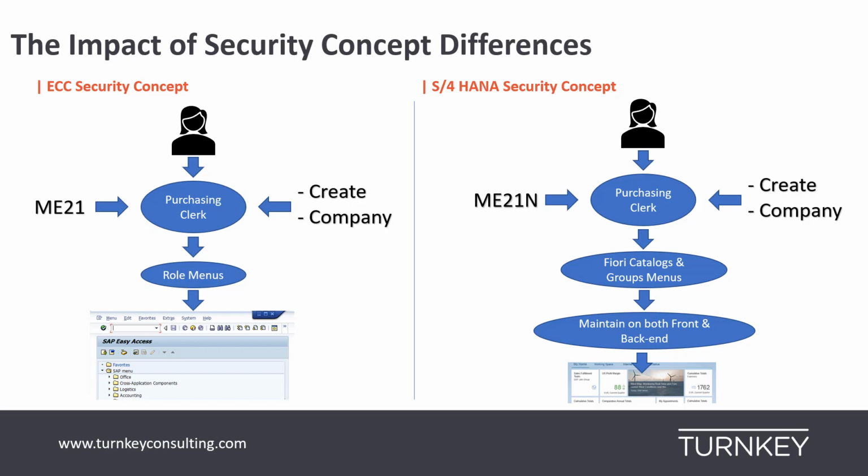But now you have to assign the Fiori catalogs, or the Fiori apps that they can access relating to the transaction code ME21N, and also the business processes that they can access. On top of that, if you have the centralized gateway approach, you now have to maintain that on the front end, but also maintain that role concept on the back end as well. And then finally, they have the Fiori Launchpad. Oh, and by the way, the Fiori Launchpad itself also needs to be maintained.